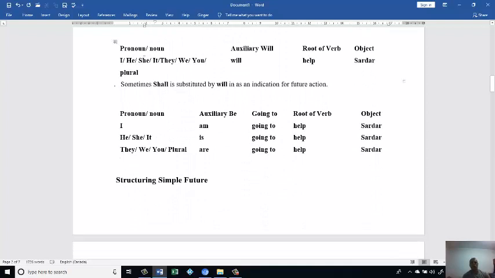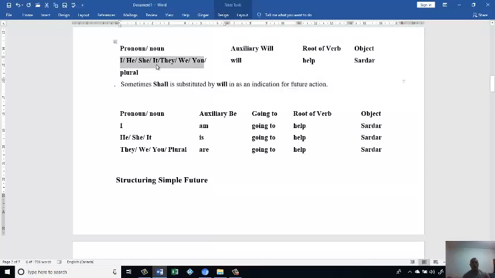The good thing about future simple or simple future is that with all the pronouns I, he, she, it, they, we, you, and any plural noun, we use will. Then with will, we use the root of the verb. The rule we say here: no ed, no s, no ing with the verb after will.